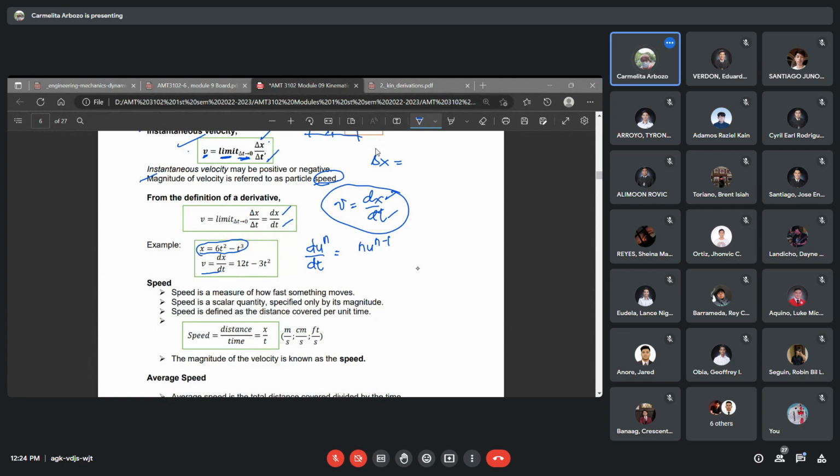Dito, pag kinuha natin yung v is equal to d, ano yung value ng x? 6t squared minus t cubed, diba? Over dt. So, pag kukunin natin yung derivative nito, ano yung n? It stands for the exponent. So, ima-minus natin yan.